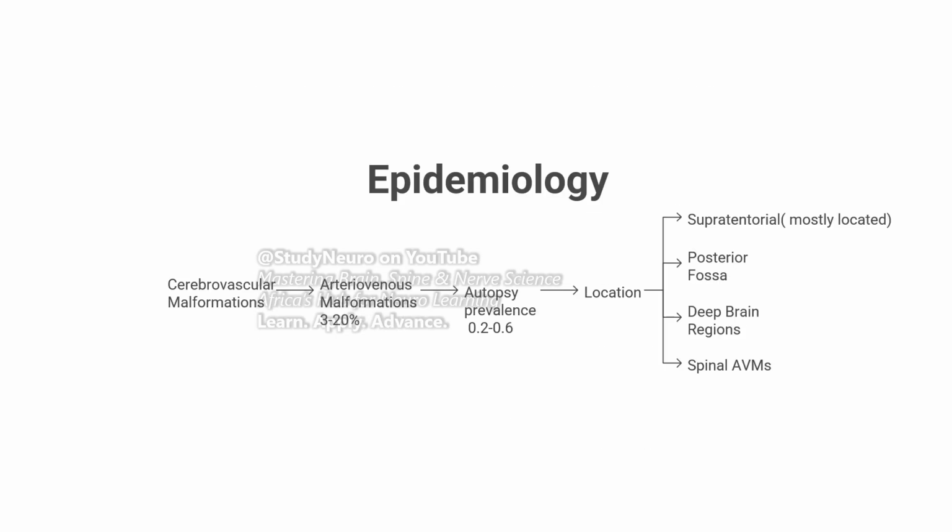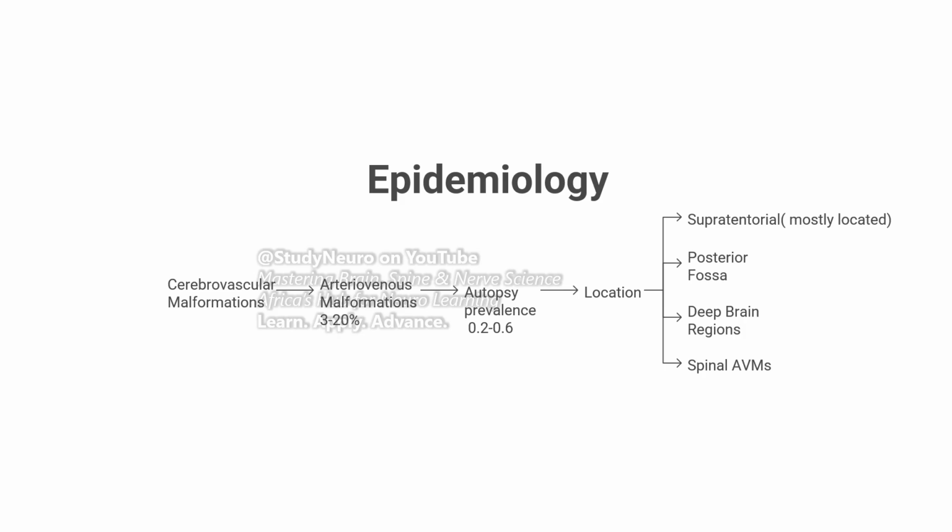Arteriovenous malformations account for approximately 2 to 20% of all cerebrovascular malformations and are regarded as the most complex subtype. They are the most commonly encountered cerebrovascular malformations within both the brain and the spinal cord, with an autopsy prevalence ranging from 0.2% to 0.6%.